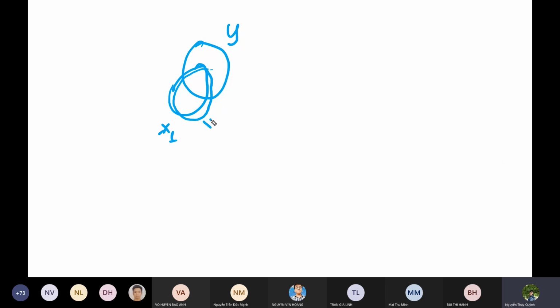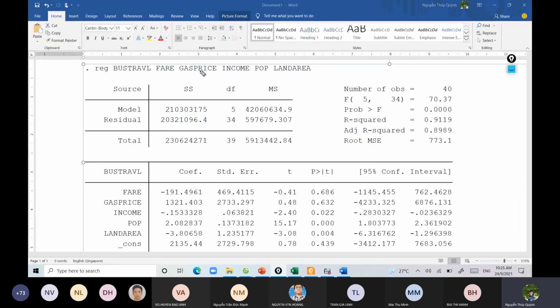So although they do not have much individual effect on y, the joint effect of these two variables is significant. Together they do explain the value of y. So here we may want to test before deciding to leave these variables out of the model.